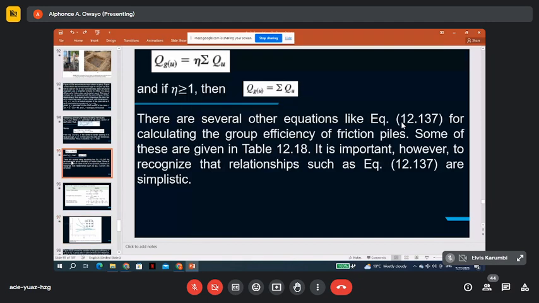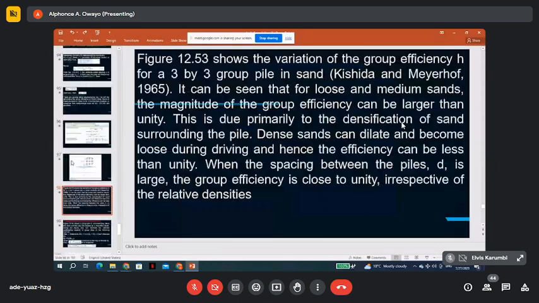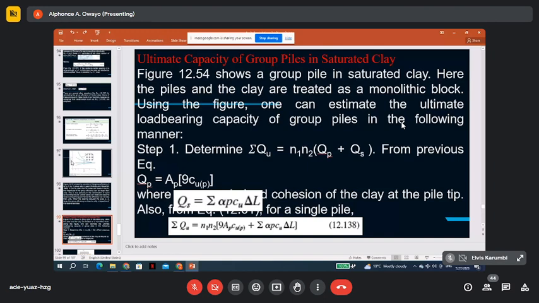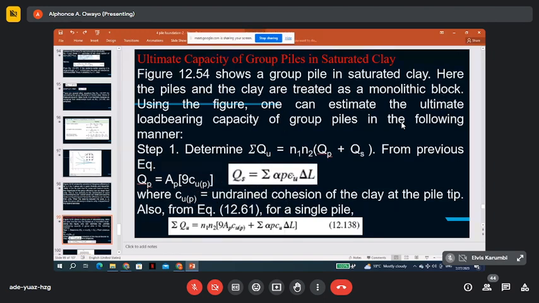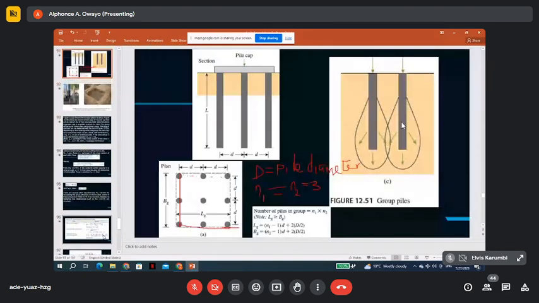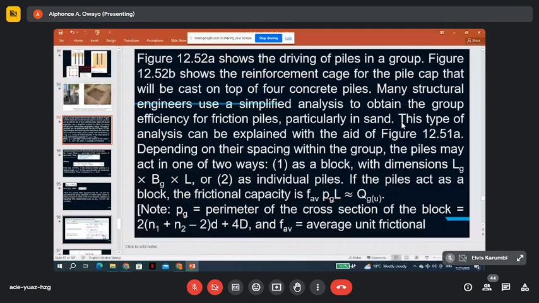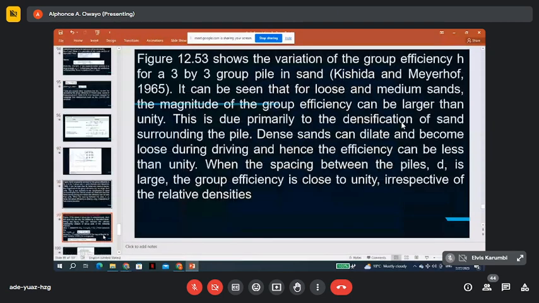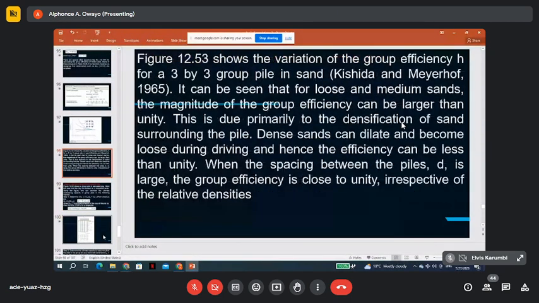So there are several other equations. Okay, no, we're past that. Okay, so two things we remember. There are frictional piles, and there are also end bearing or cohesion.